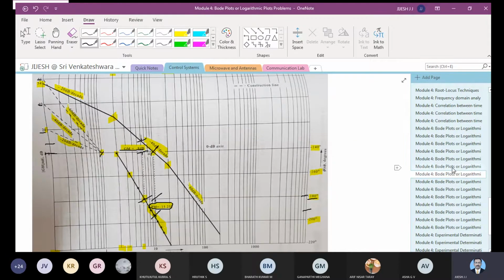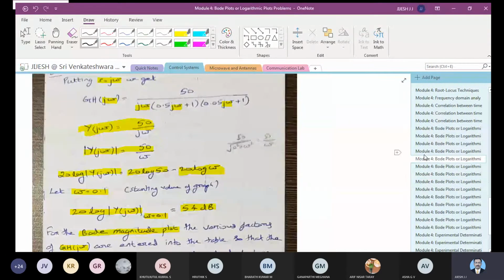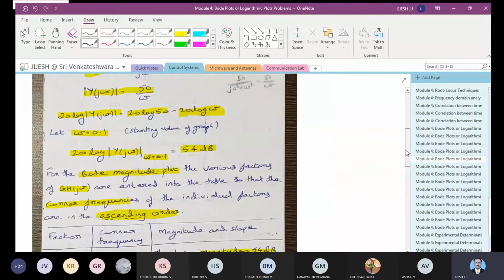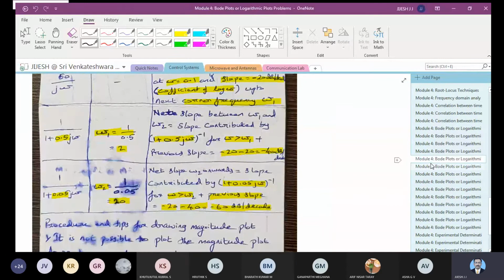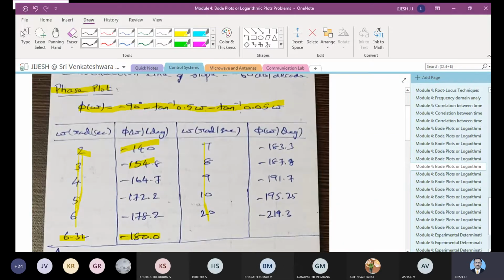This is one problem which you can understand, where the Bode plot is carried out and the gain margin and phase margin are calculated. Once you do that, you can see that we have plotted the table, and we have to plot the phase table. I have already told you how this equation comes.